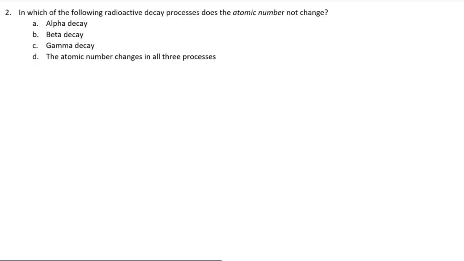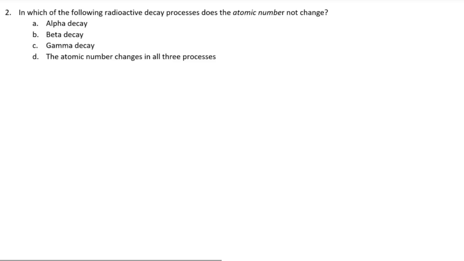Next, we have a question which is dealing with the 3 types of radioactive decay that you need to know for the MCAT. It asks, in which of the following radioactive decay processes does the atomic number not change? Is it alpha, beta, or gamma decay, or is it the case that the atomic number changes in all 3 cases?